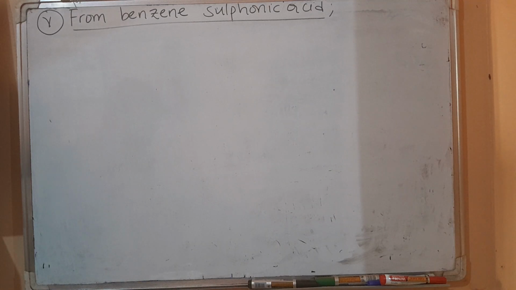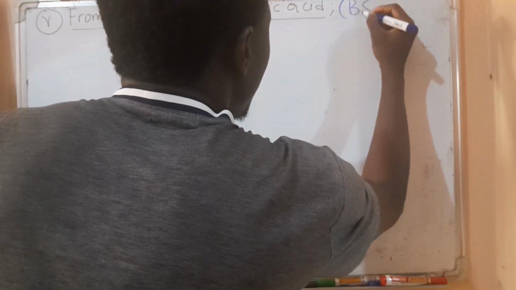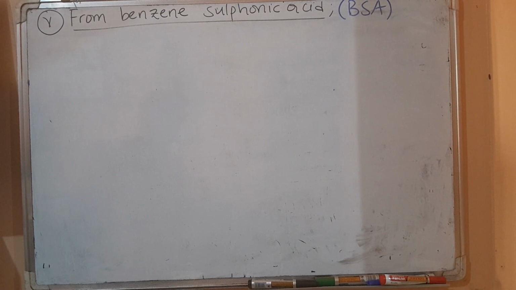For benzene sulfonic acid, allow me to abbreviate it as BSA. This is an indirect way. It is not a one-step way of preparing benzene. It is an indirect pathway. So how is it indirect?